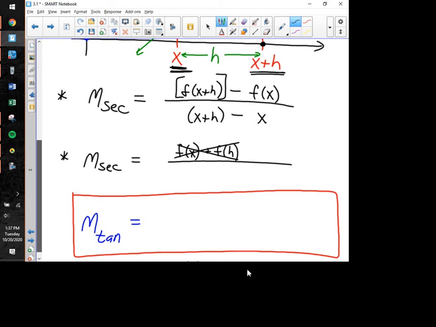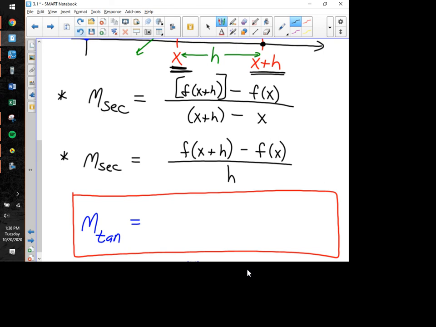So that is absolutely not something that we're going to be able to do. So the answer is the numerator can't be simplified at all. We leave it as f of x plus h minus f of x, but as you probably saw down in the denominator, x plus h minus x, those x's are going to cancel out and just get you h right over here. So this is as good as we can make the formula here, guys, for the slope of a secant.